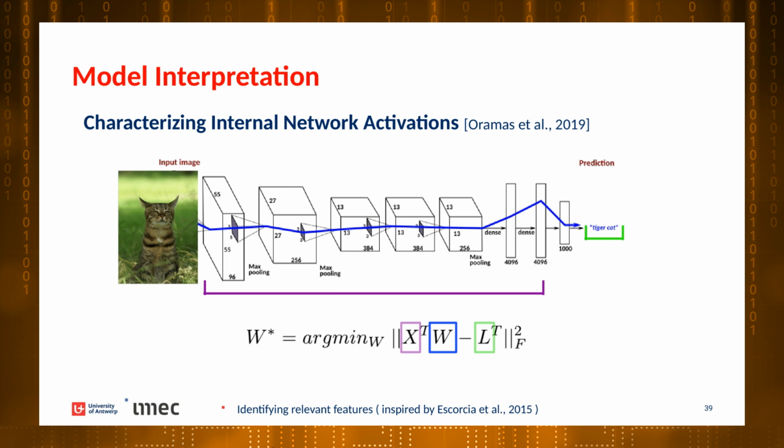That's too much information. So we will focus the features that we will be visualizing. And for that, we impose some sparsity constraint, so that we will only look at the most important ones, the ones that have the strongest role in saying that this image is a tiger cat. Yeah?